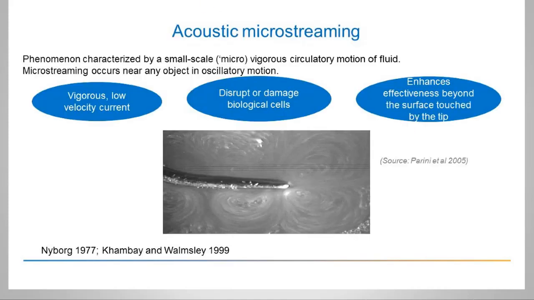Acoustic microstreaming. This occurs simultaneously with cavitation. The forceful flow of the cavitating fluid has the ability to debride beyond the surface actually touched by the tip, removing biofilm up to 0.5 millimeters distant from the area of contact. So looking at this diagram here, you can see the whirlpooling effect on the image here, and this enhances effectiveness beyond the surface of the tip.